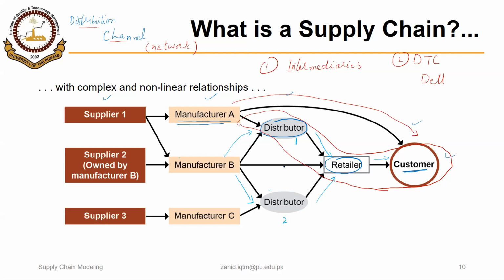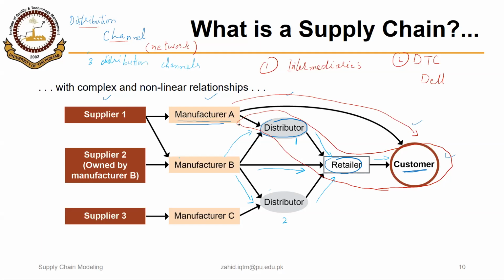And thirdly, manufacturer B is directly supplying to the retailer as well. So you can see that here manufacturer B is using 3 distribution channels, or distribution networks, you can call them. So it is supplying through distributor 1, through distributor 2, as well as through retailer, and ultimately the customer.